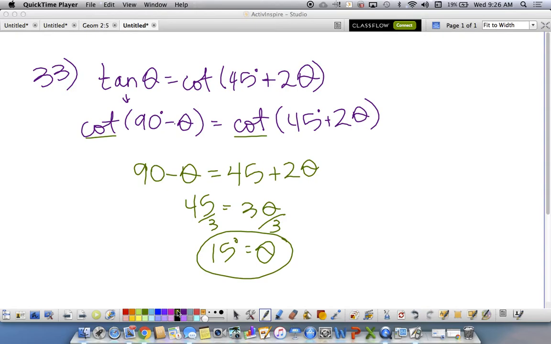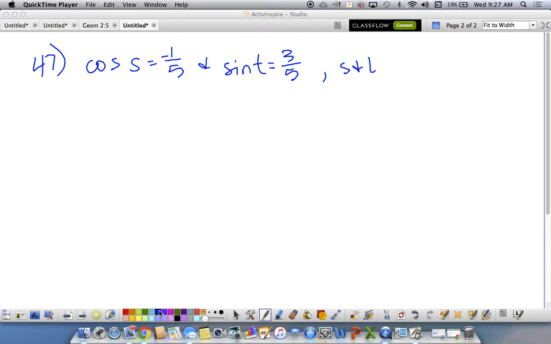Okay. Going on to 47. What does it say? Find cotangent of s plus t and cotangent of s minus t if cosine s equals negative 1/5 and sine t equals 3/5, and s and t are in quadrant 2.